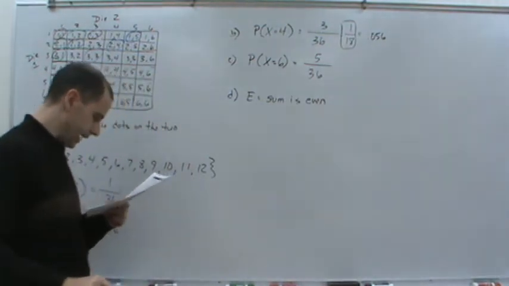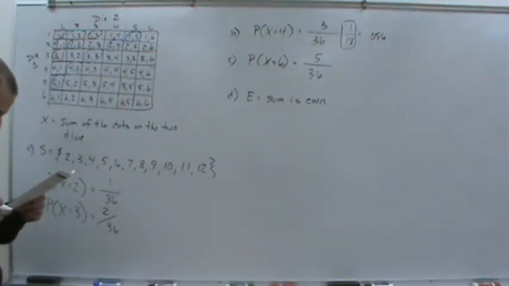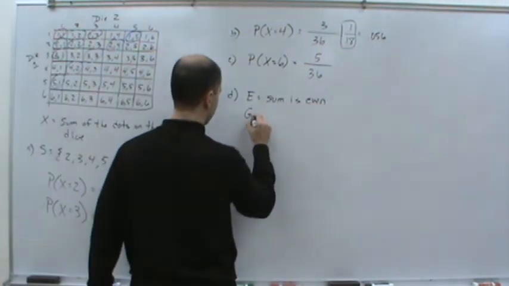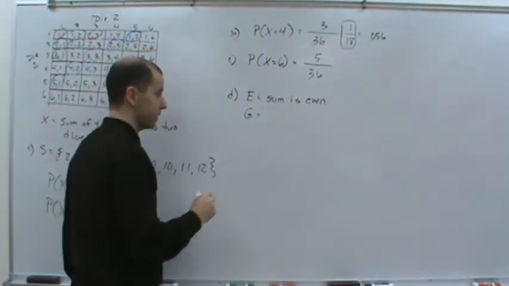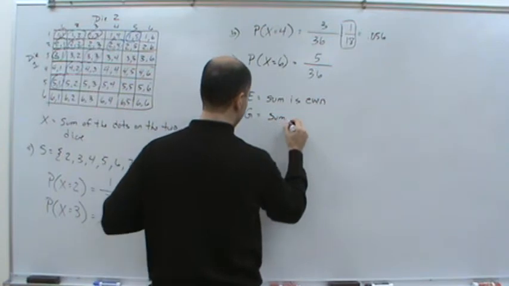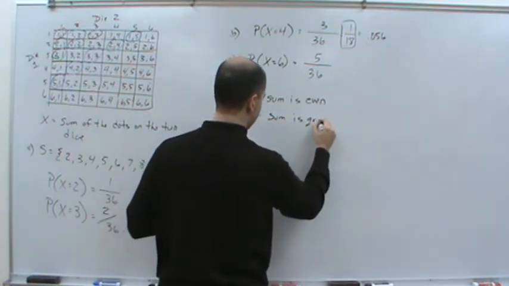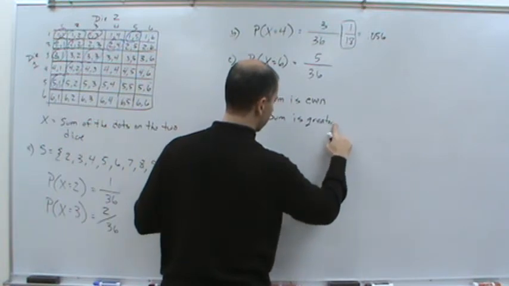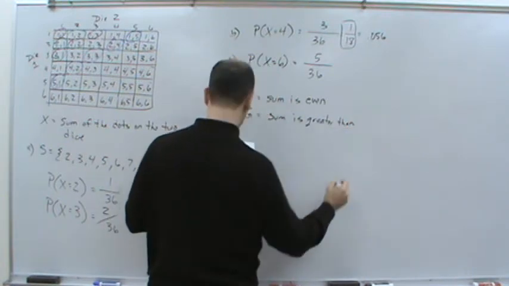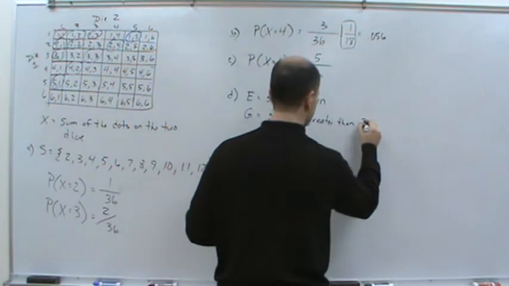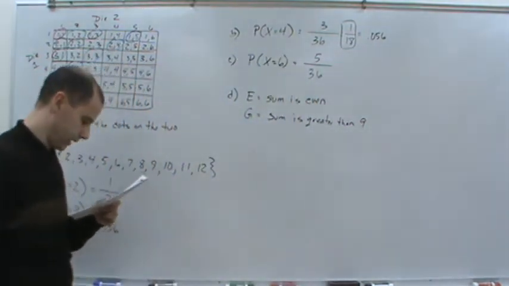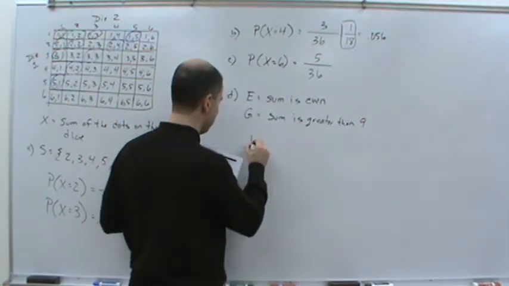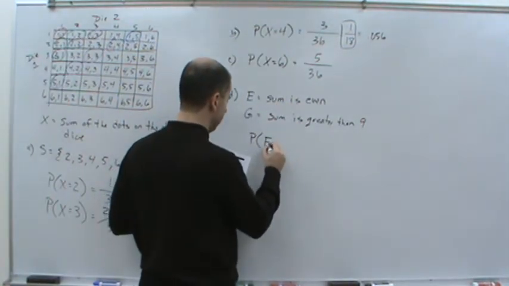And let G equal the event that the sum is greater than 9. Okay? So now what we want to do is, what is the probability of E?